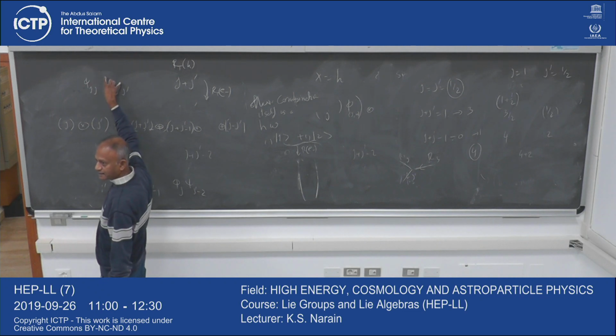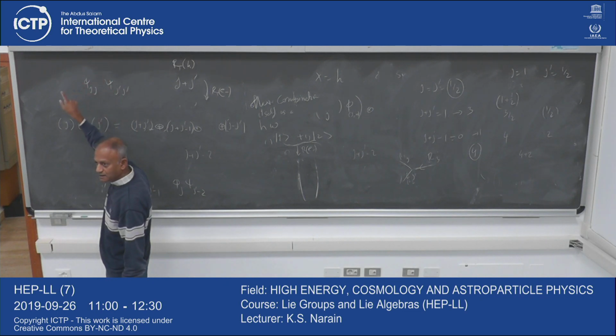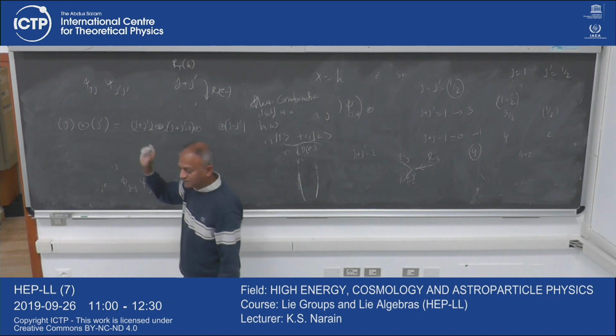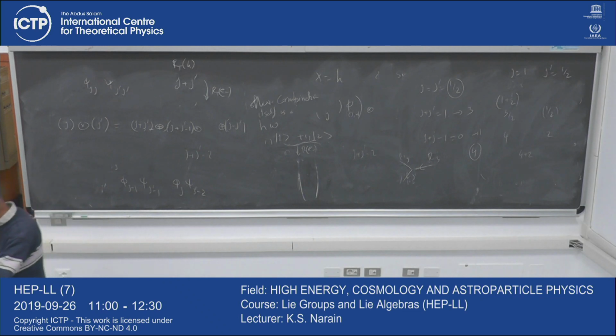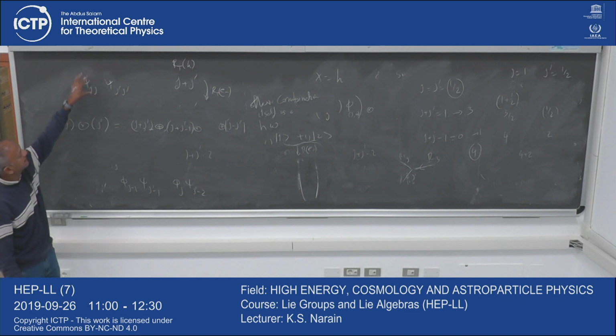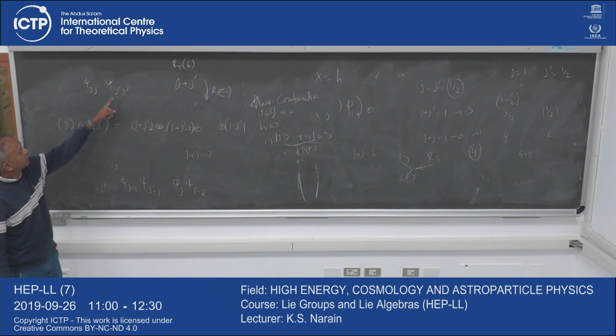So this will transform as G acting on that times G acting on that. It's not additive, it's a finite group. And remember, since we discussed the center of the group, the center of the group is 1 and omega for SU(2). If I apply omega on this tensor product, it will be omega acting on that times omega acting on that. So it will be the product of the two.